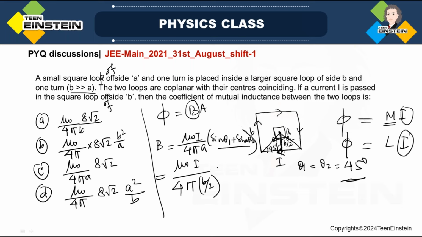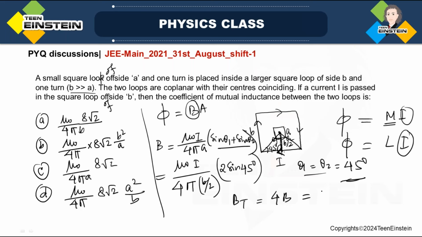Write down here. Now as theta 1 and theta 2 are both the same, and that is 45, this is now 2 into sine 45 degree. So this is the magnetic field produced by the single side at the center. Now I have to find out the total magnetic field, and that will be 4 into this. Then what I get, this is 1 over root 2.